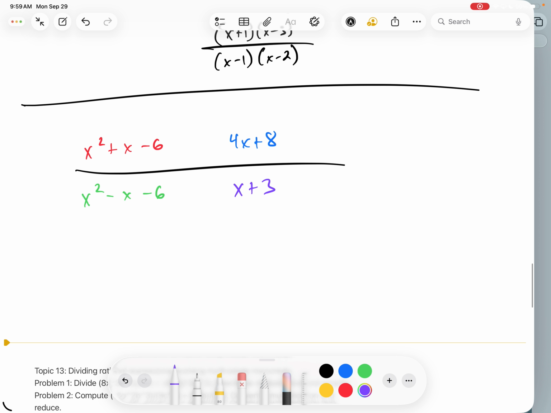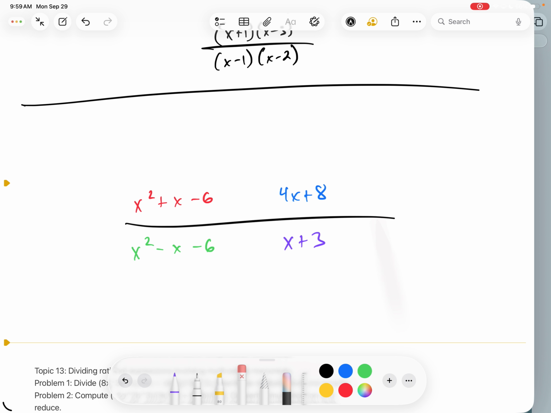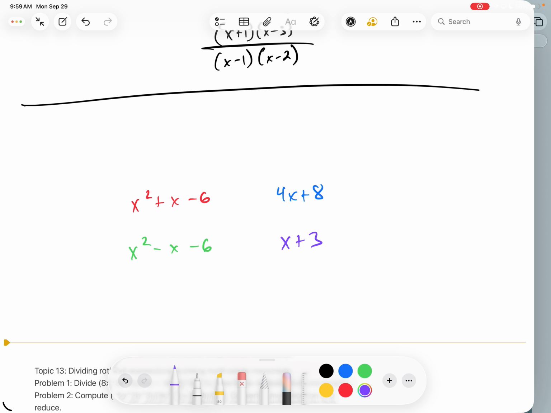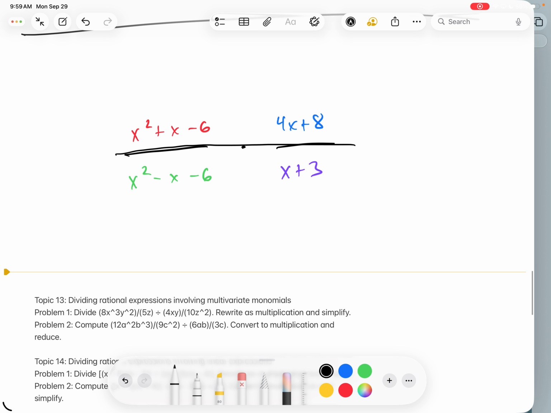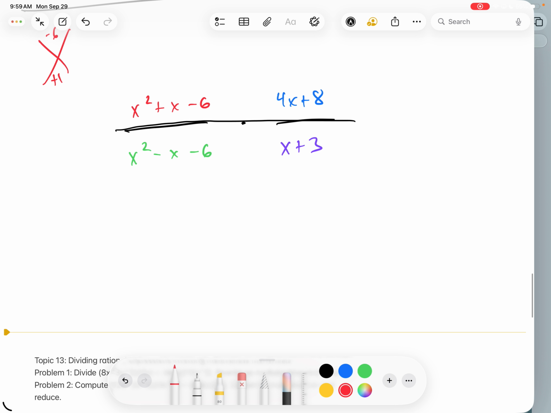Okay, so on this one, you are multiplying both of these. It looks like this to start, but when you multiply both of these, what you're really doing is just doing the whole thing across. So in my red one, upper left, I'm looking at what multiplies to be negative 6 and adds up to be 1. There's a 1 right here in front of the x.